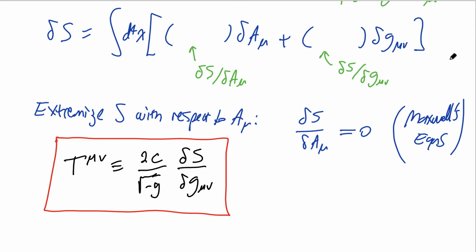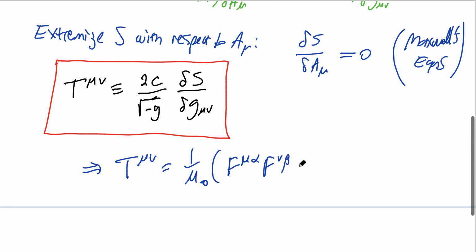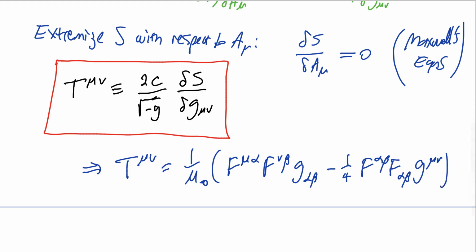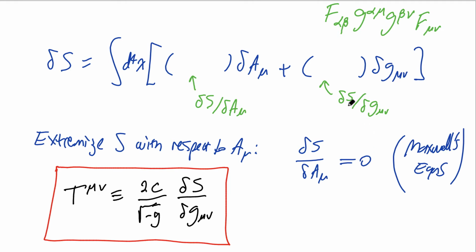For the electromagnetic field in particular, this definition gives us T mu nu equals 1 over mu naught times F mu alpha F nu beta g alpha beta minus 1/4 F alpha beta F alpha beta g mu nu. Notice I haven't extremized the action with respect to the metric.